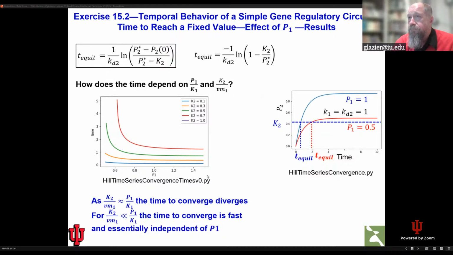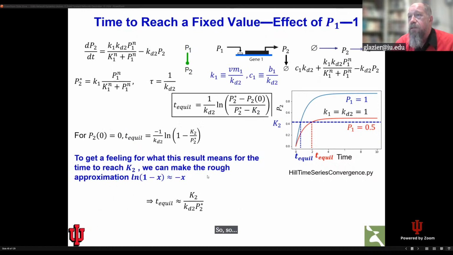So as I say, there are some different ways to do it. We can get a rough estimate. The equilibration time, as I said, is 1 over the decay rate times the logarithm of P2 star, that equilibrium value, minus the initial value of P2, which normally would be 0 for us, divided by P2 star minus the K2.